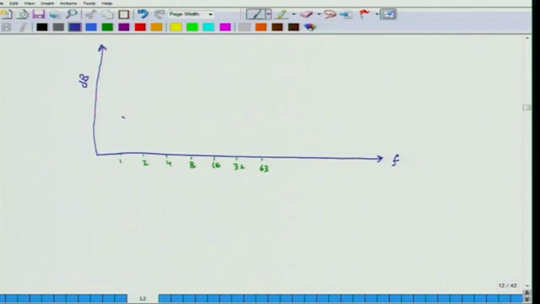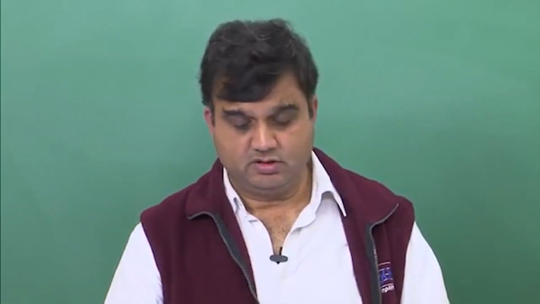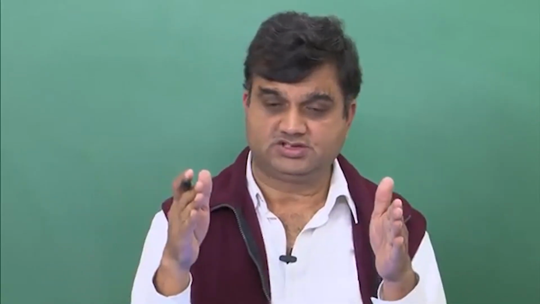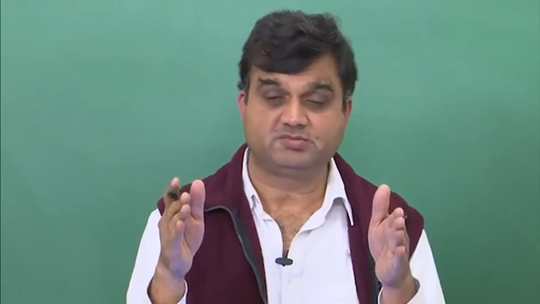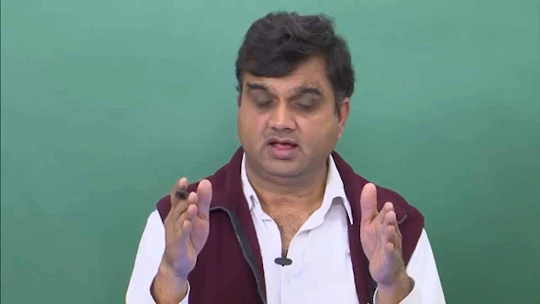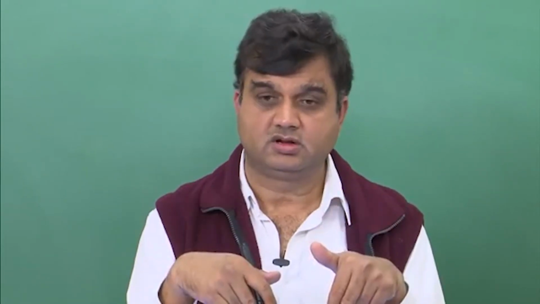That is the number you are going to put. When you do FFT, you will get some value at 1 Hertz. That is not the value you are going to put on this graph. Rather, you will see what is the total energy in this octave band. There will be some SPL corresponding to that, and that SPL you are going to put here.